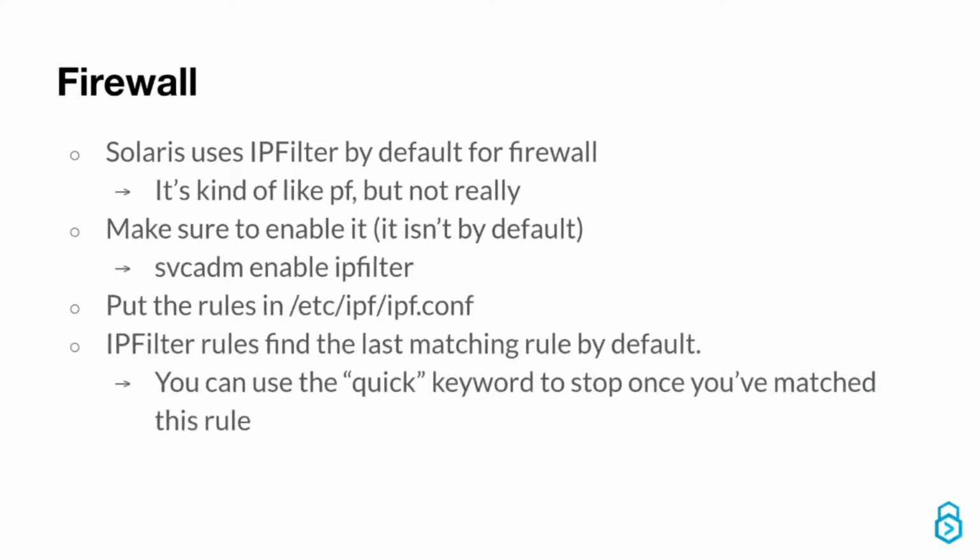Another quirk is you put your rules in the ipf.conf file, but every time you want to make a change to your rules and put that in the file, you have to flush the firewall and then run the source command on it again, every time. So that's kind of annoying, but it's doable.